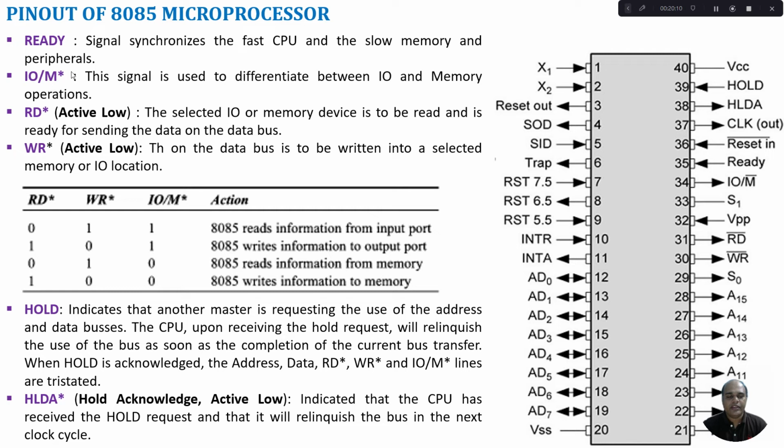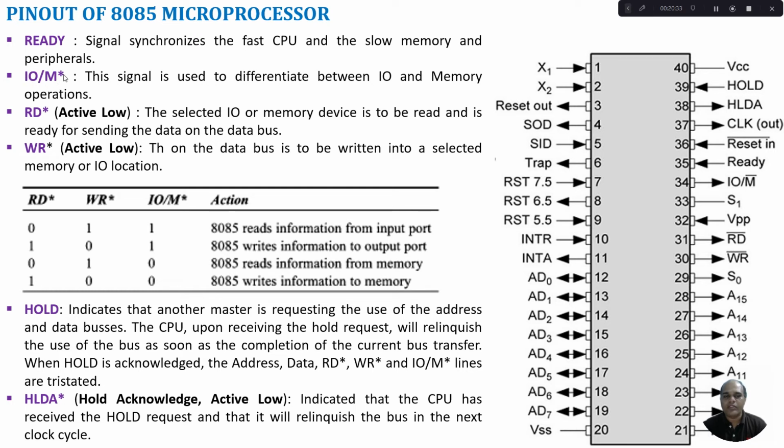And there is another pin named IO or memory bar, which indicates whether the CPU is performing an IO operation or a memory operation. Active high on this pin indicates it is doing an IO operation.